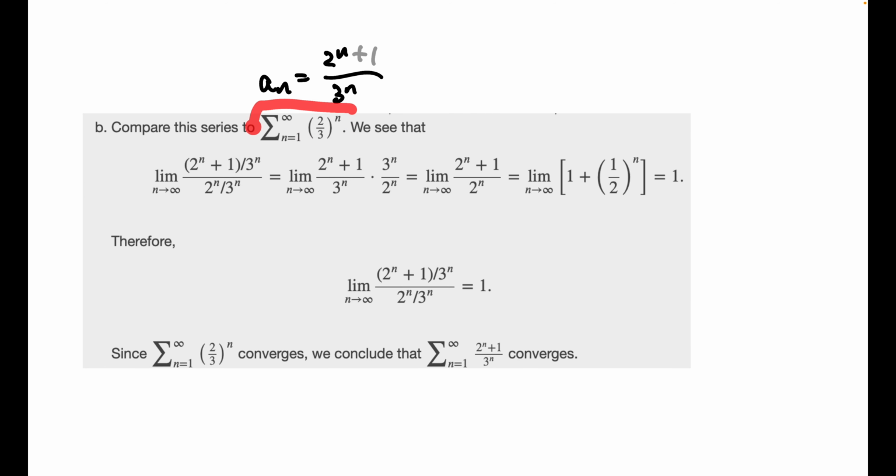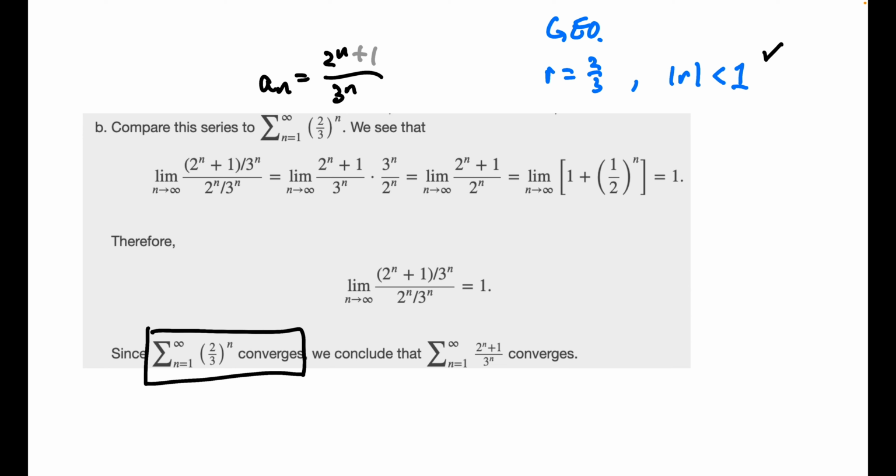That then defines a geometric series where the common ratio is r equaling 2/3, and the test on a geometric series is that the absolute value of the common ratio needs to be less than 1. Because we have that, we know that the series it defines converges.